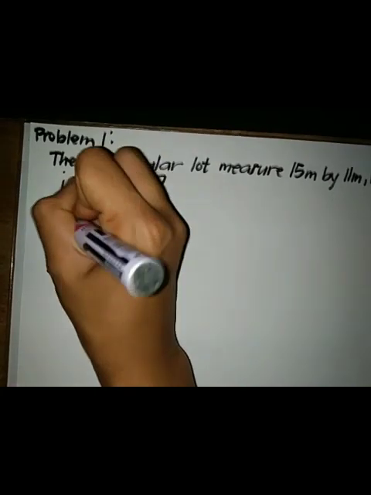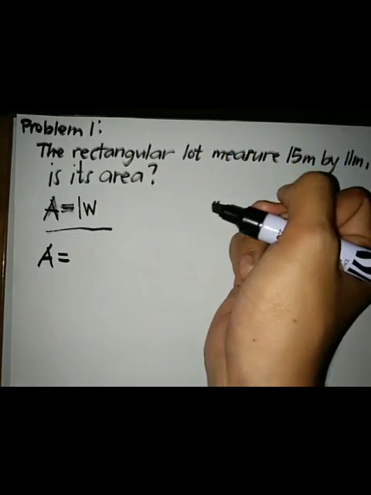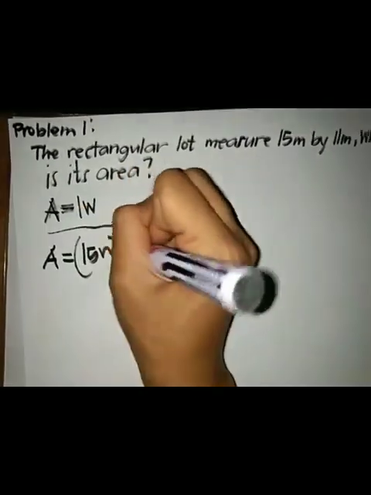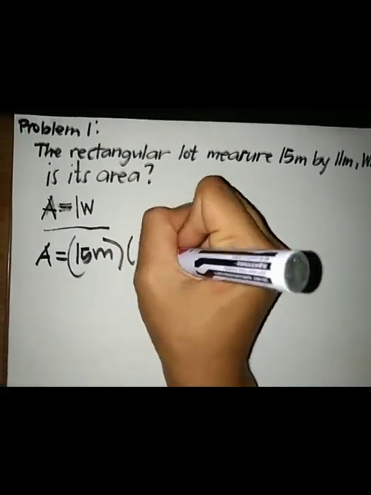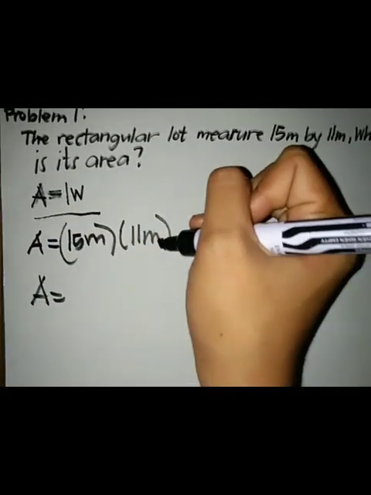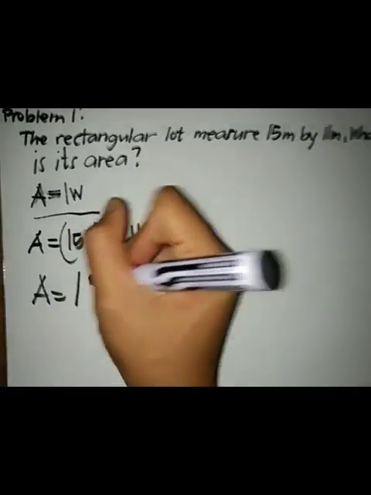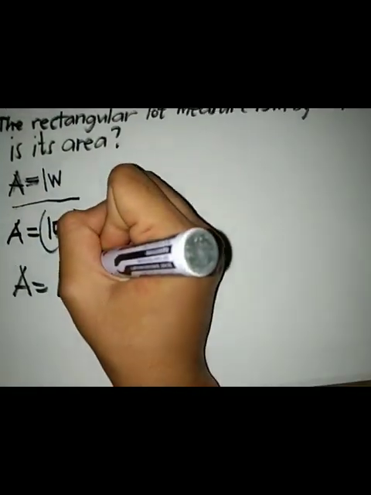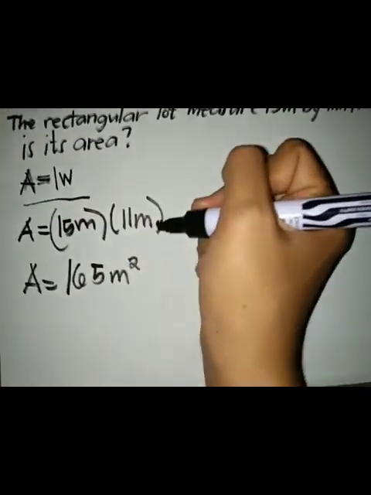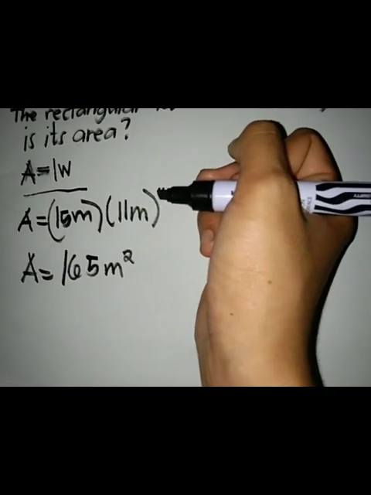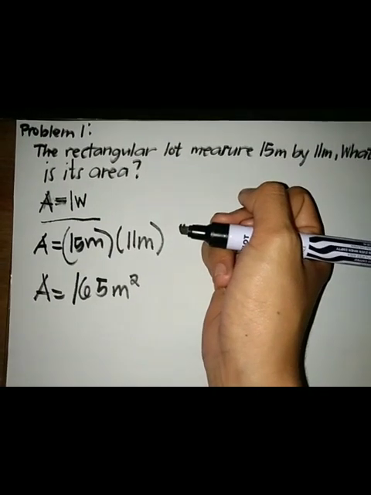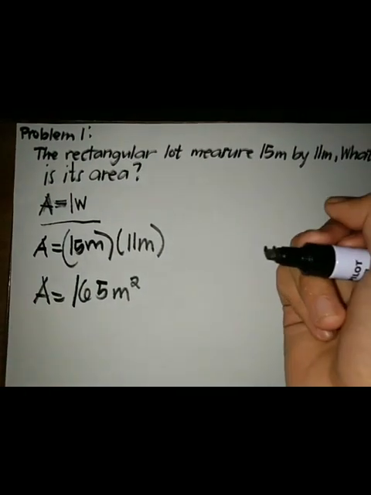Area equals length, which is 15 meters, times width, which is 11 meters. 15 meters times 11 meters is 165 meters squared. So the area of the rectangular lot is 165 meters squared.